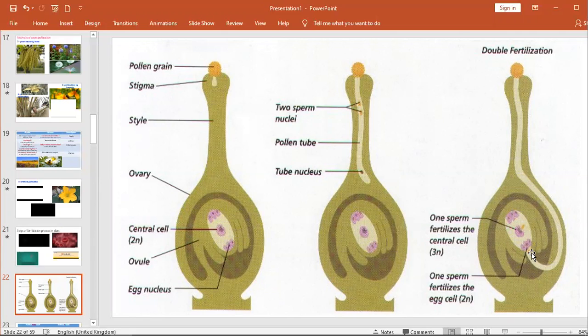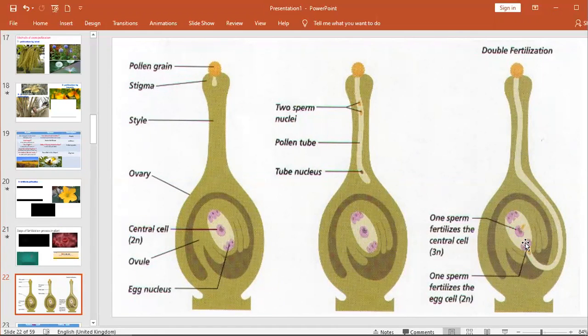Here you can see the two nuclei transfer inside this egg. There are 8 cells inside this egg, or inside this ovule.